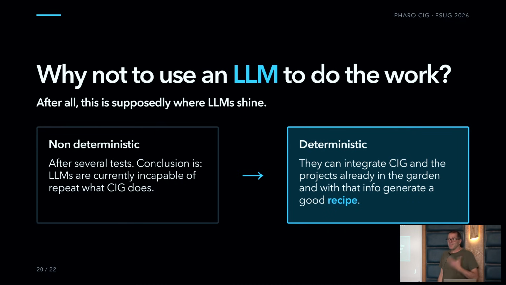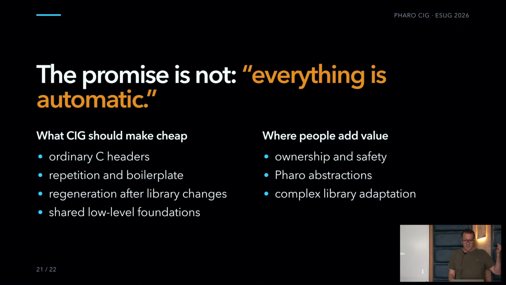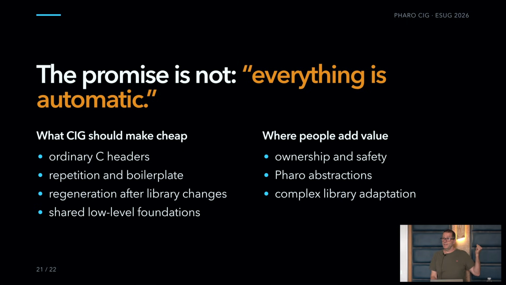It's something that empowers what you are, but you have to be in control. So the promise is not that everything is automatic. The point is that you will have a repeatable, deterministic process that you can use to improve, and to regenerate libraries when a library changes.